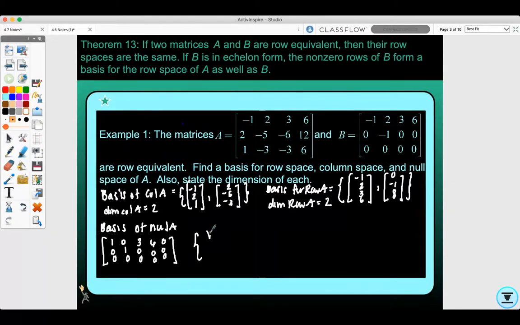And x1 would equal -3x3 - 6x4. x2 would equal 0. x3 and x4 would both be free.